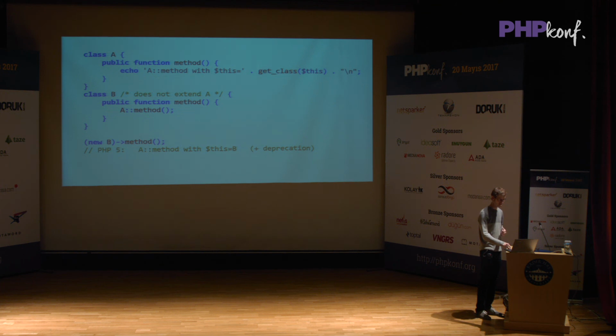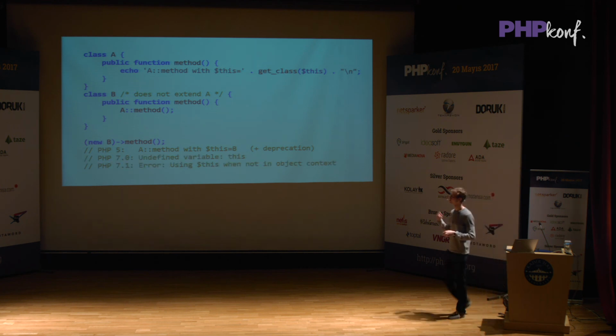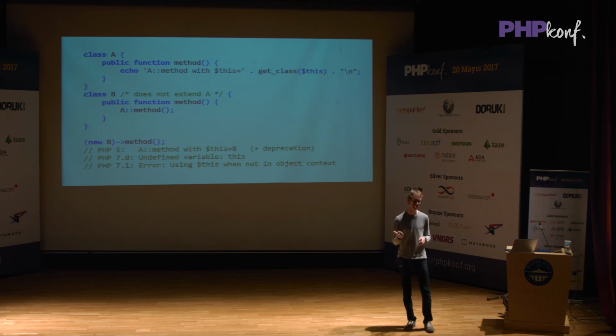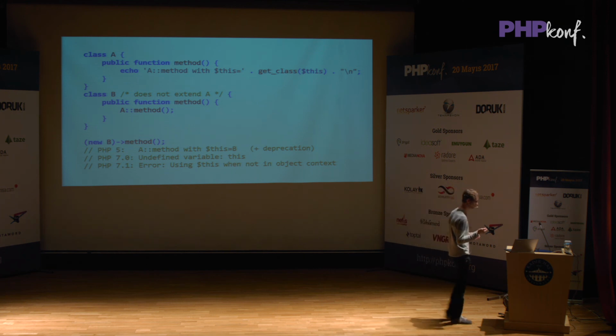Because of that, this has been deprecated for quite a while already, I think since 5.2 maybe. So in PHP 7, this will no longer work in the same way. In PHP 7.0, it throws an undefined variable this error. And in PHP 7.1, it throws a hard exception.